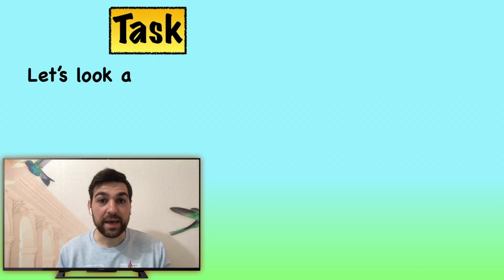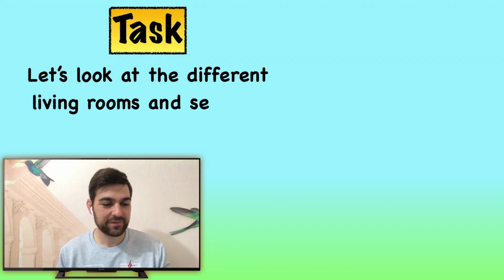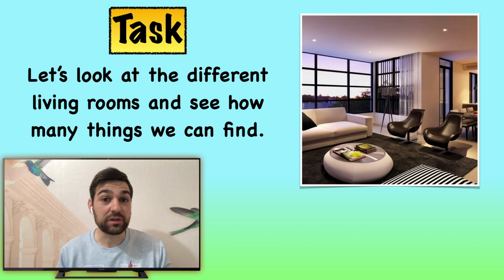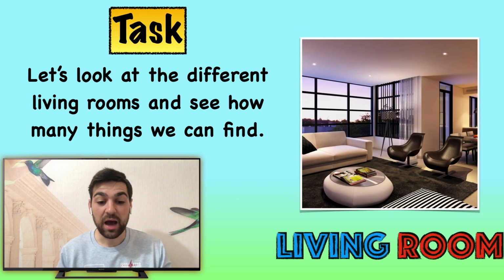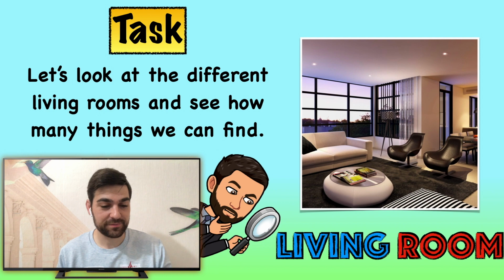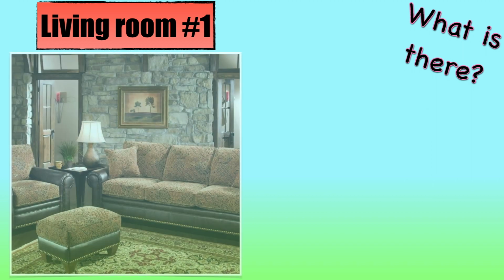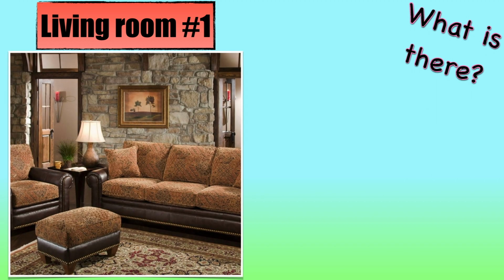Now let's look at the living room. Let's look at the different living rooms and see how many things we can find. Living room number 1. Okay, we look at the picture. What can we see? What is there? There is a big sofa, a brown big sofa.